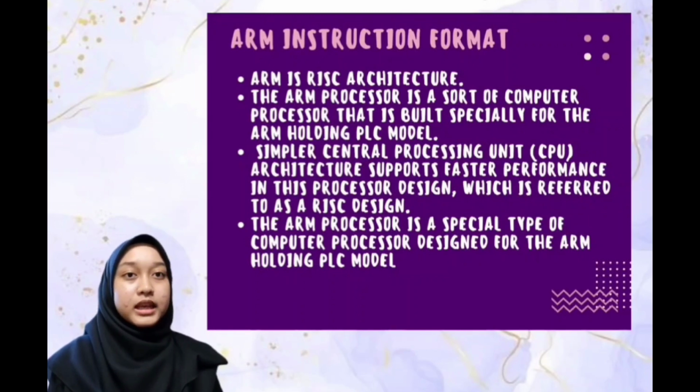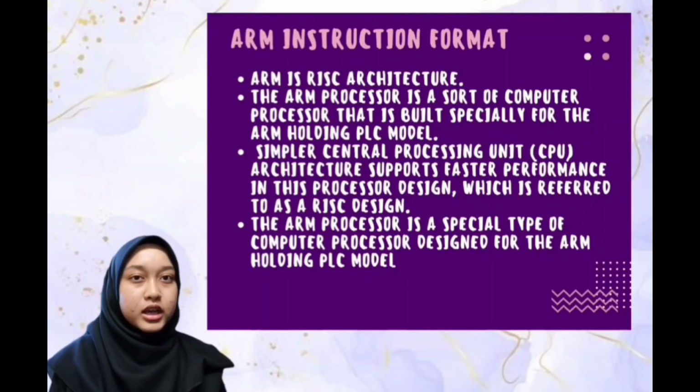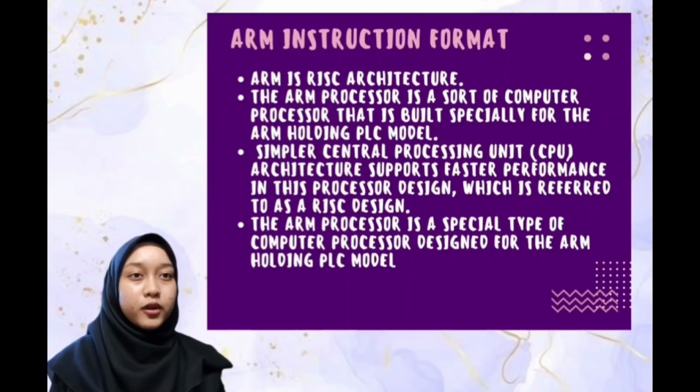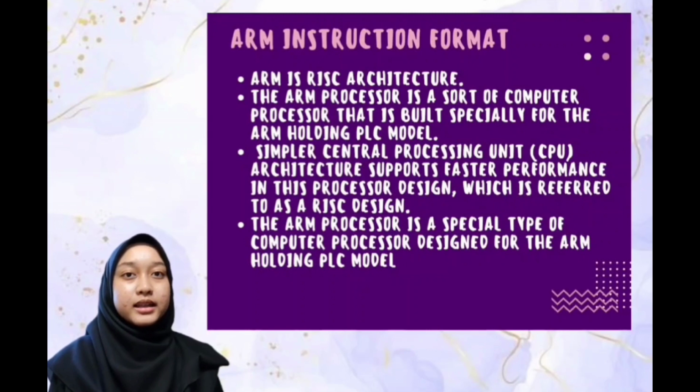Better performance is the result, but decoding these intricate instructions uses more power. This indicates that the CPU can execute a finite number of instructions. The effect is that there is only one cycle for each instruction, making them simpler.